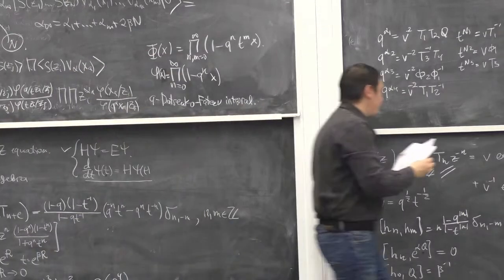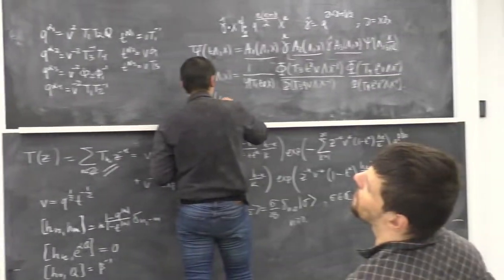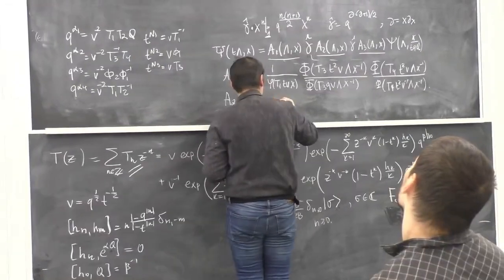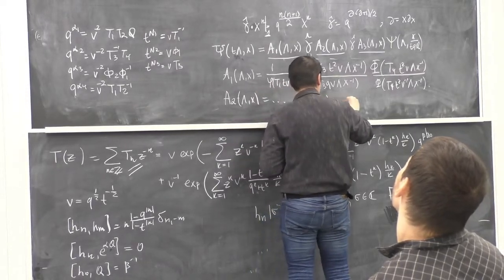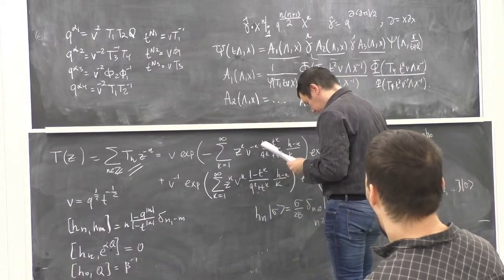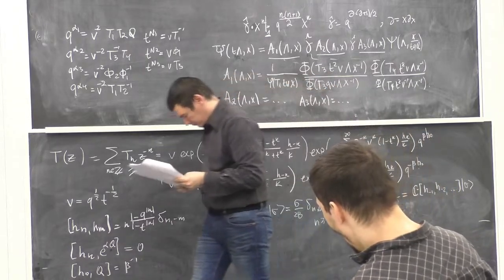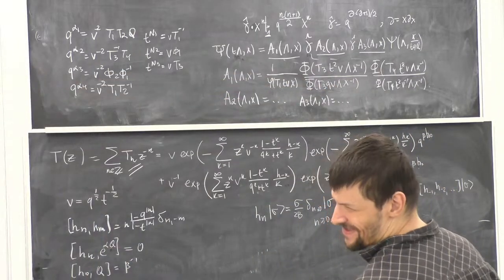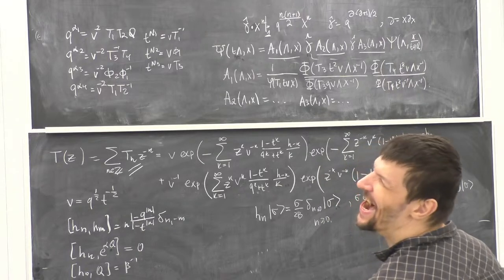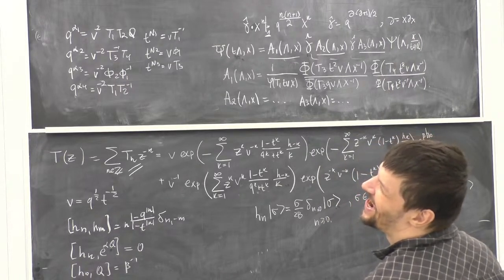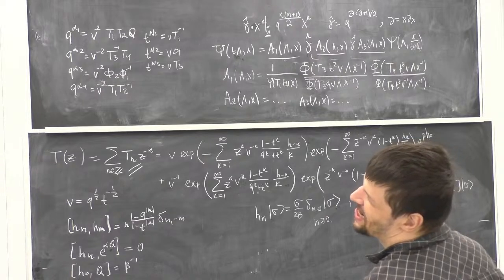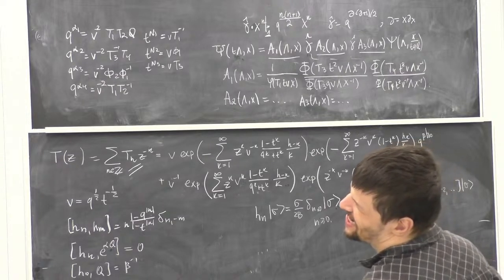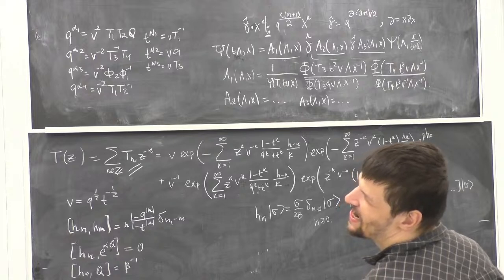Then A2 and A3 are similar. And this concludes the main part of the talk.